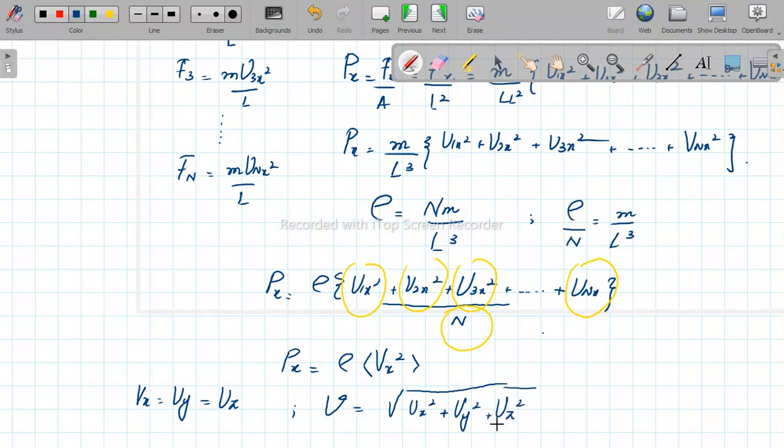This, by the way, is the general equation to calculate the magnitude of resultant vector, right? Now putting these Vx, Vy and Vz equals Vx, we get V equals under root Vx square plus Vx square plus Vx square, right? And this becomes 1, 2, 3, 3 times Vx square.